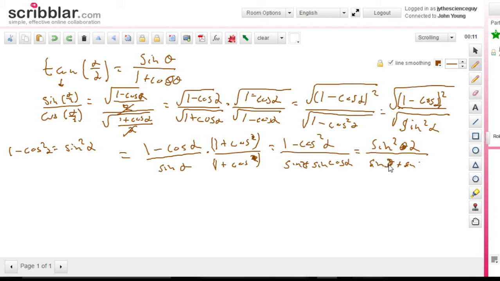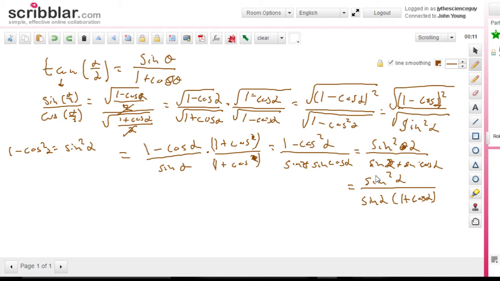Sorry, I'm missing the alphas. So now I'm going to factor the bottom. So I have sine squared alpha on the top. Oh, I didn't even have to do that. And then I have sine alpha on the bottom times 1 plus cosine alpha.